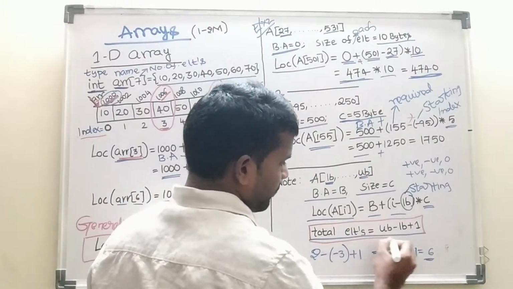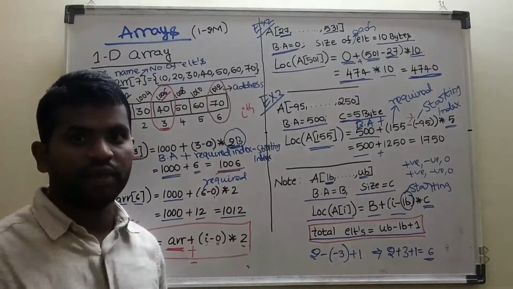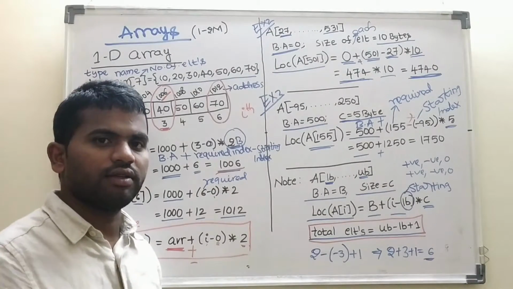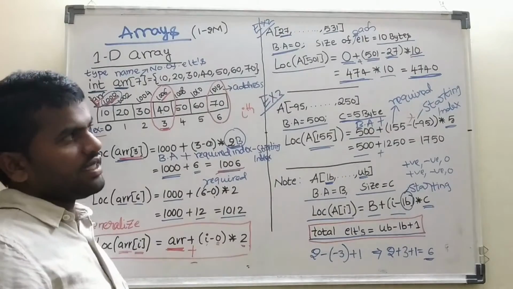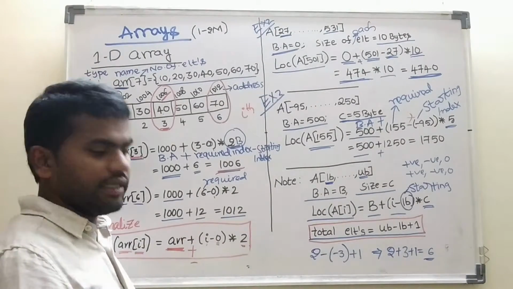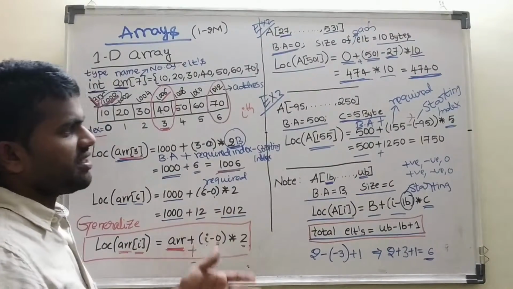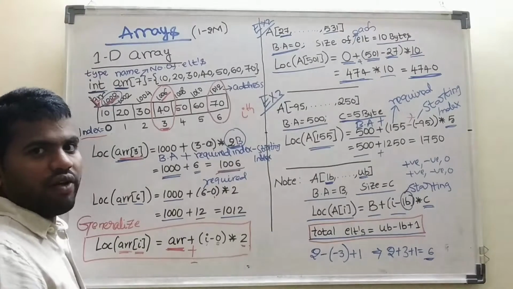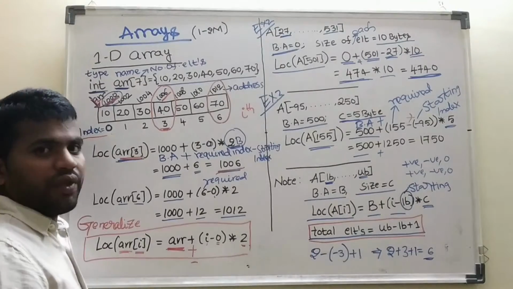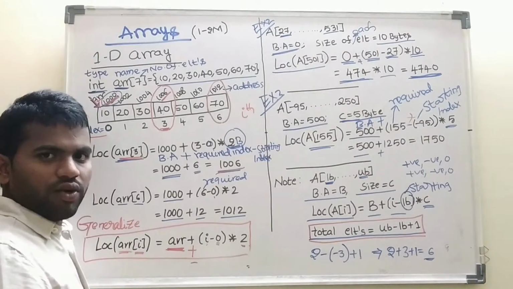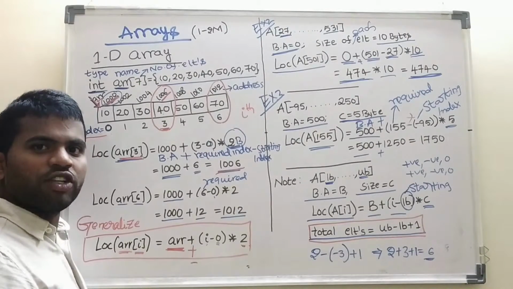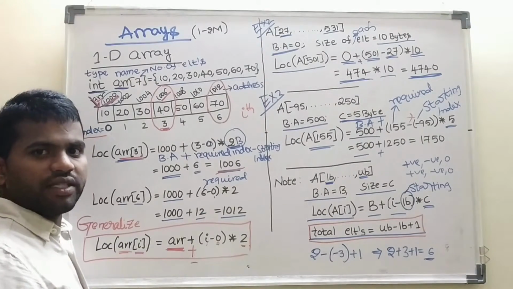See, remember one thing. If you are able to understand this, you are able to understand 2-dimensional also. It's very easy. If you understand 1-dimensional, it's the same thing in 2-dimensional also. And one more thing I want to say is, in GATE they will ask at least 1 to 2 questions, 1 mark or 2 marks, I don't know, but they will ask at least one question from these arrays, 1-dimensional and 2-dimensional.